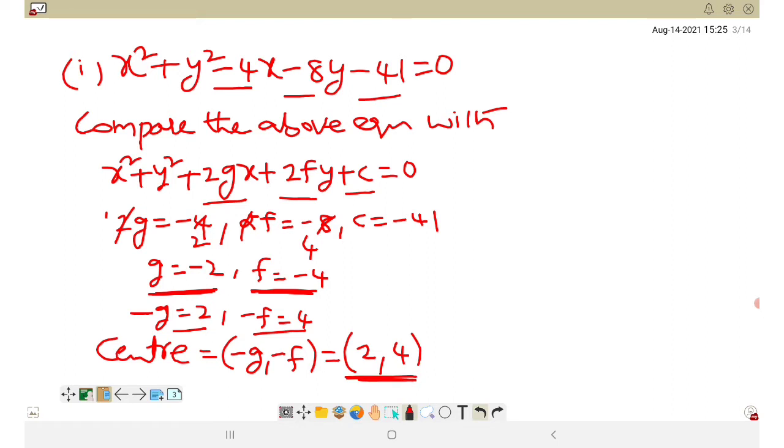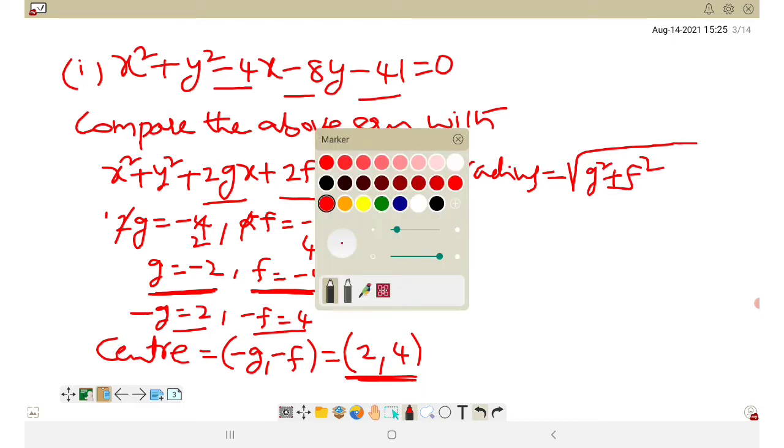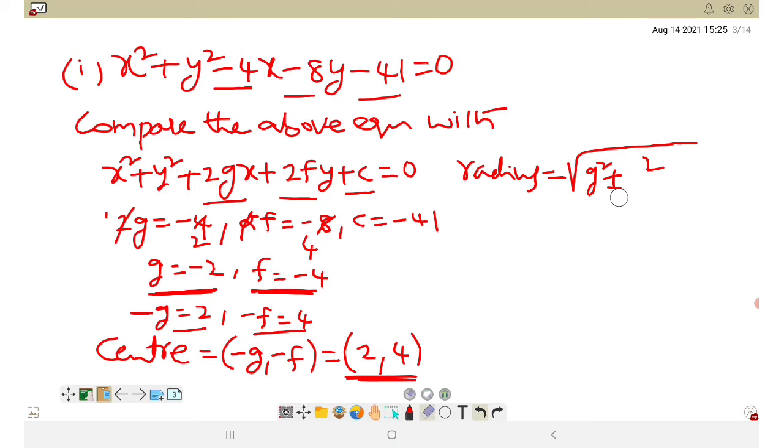Next, to find the radius. Radius of the circle is square root of g square plus f square minus c.